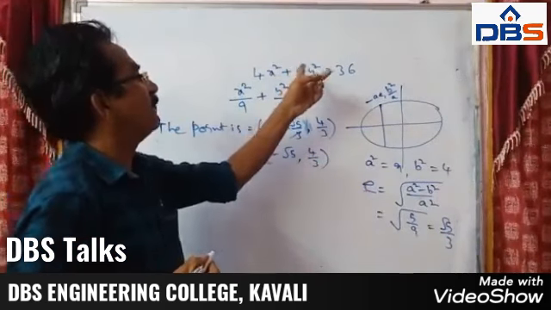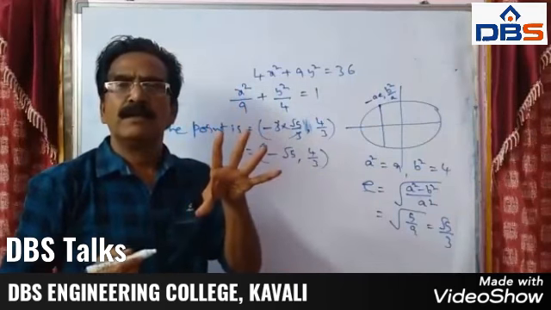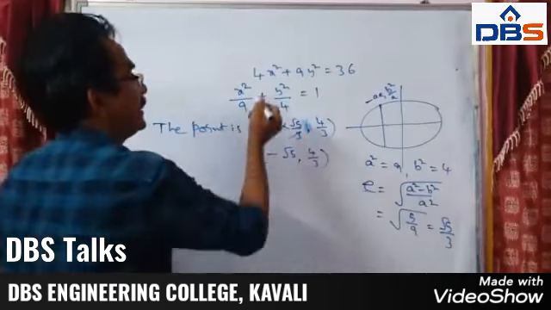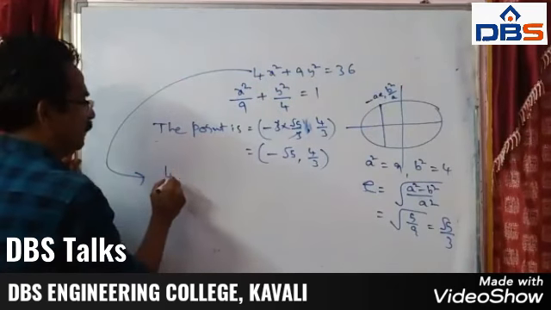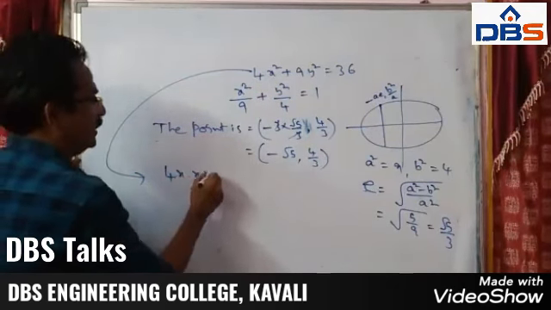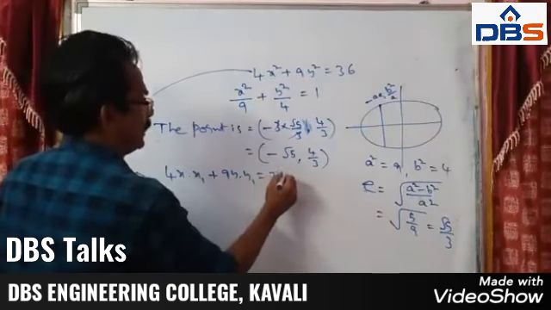So the equation of the tangent we know. The equation of the tangent to this ellipse is 4x into x1 plus 9y into y1 is equal to 36.